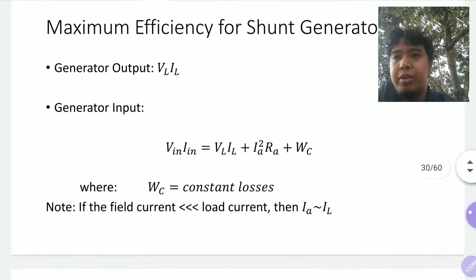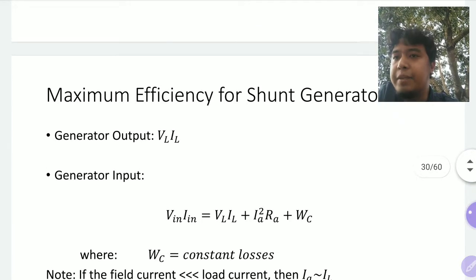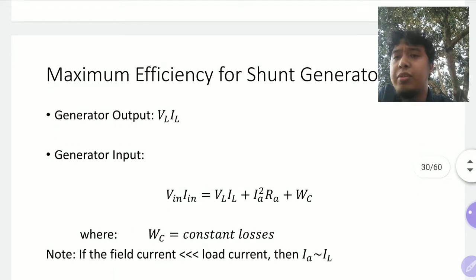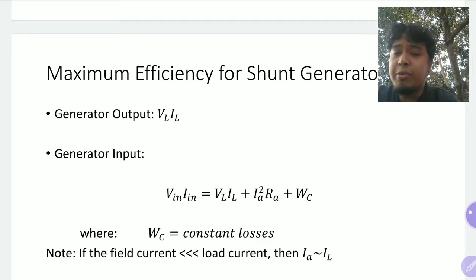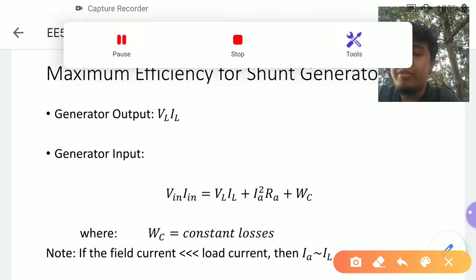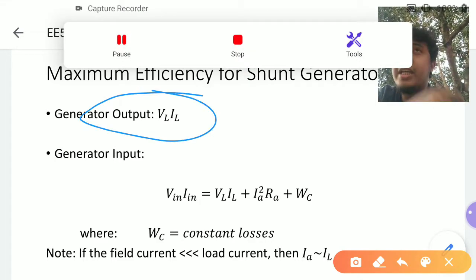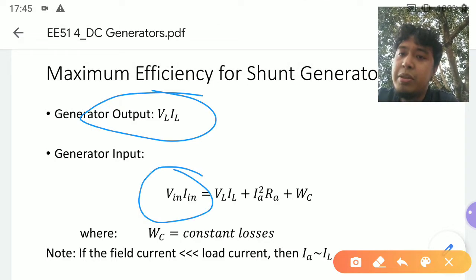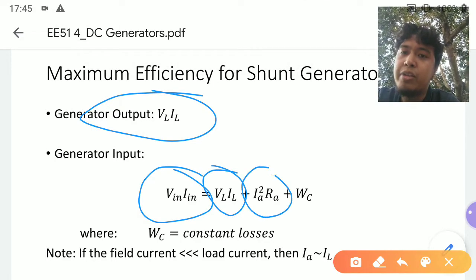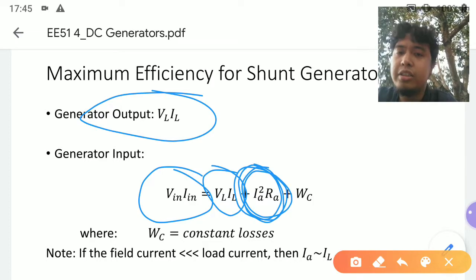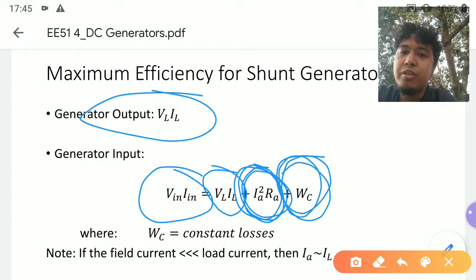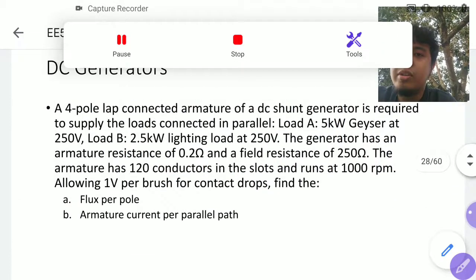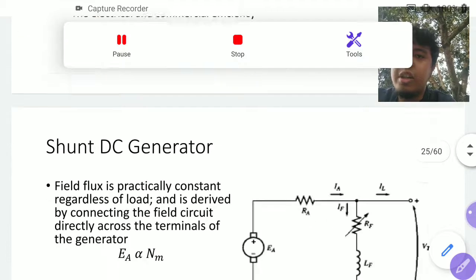However, if you look at the output and the input formulas for maximum efficiency for the generator, the output of the generator would be, of course, VLIL, and then its input would be the output plus the power losses at the armature plus your constant losses. So what are those constant losses for shunt generators?